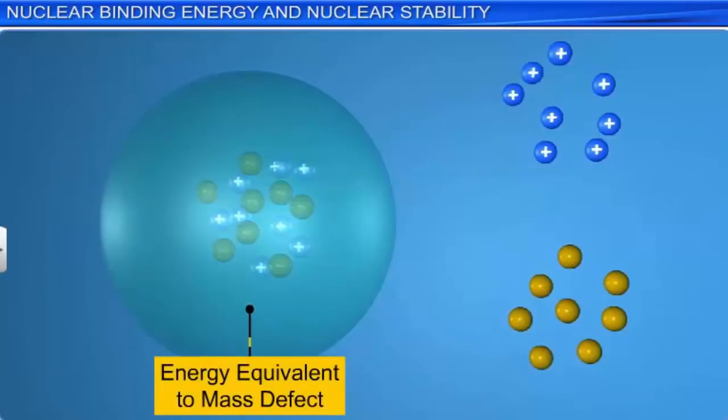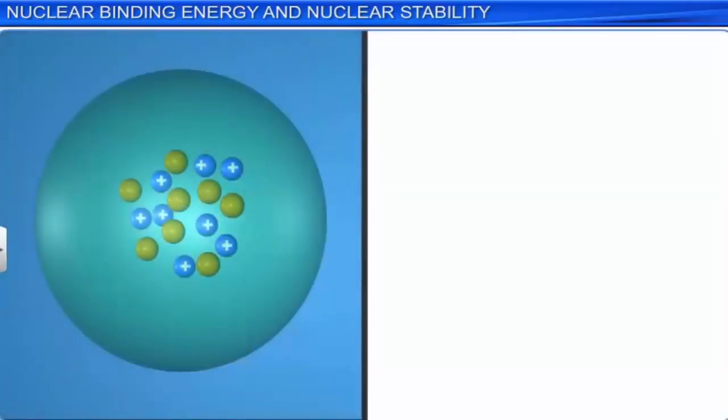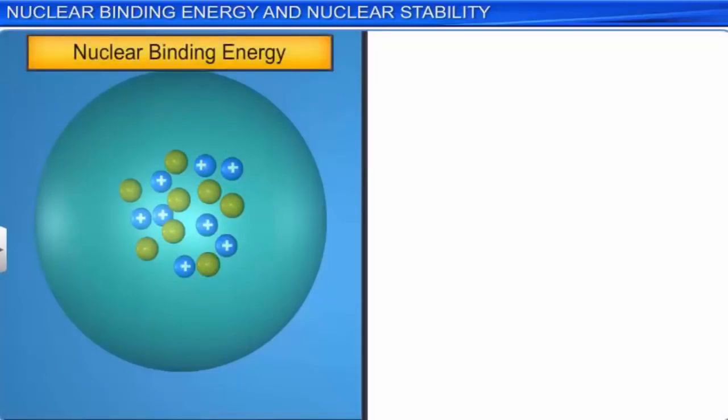The energy equivalent to the mass defect is obtained by Einstein's mass-energy relation. This energy is called the binding energy and is denoted by Eb = delta M × c², if delta M is taken in kilogram.